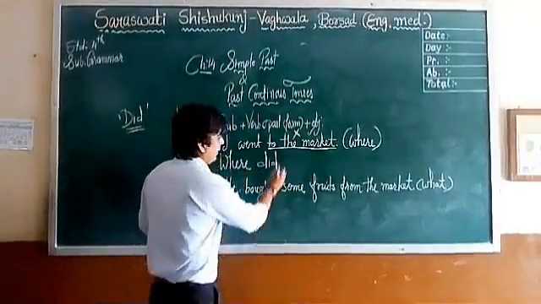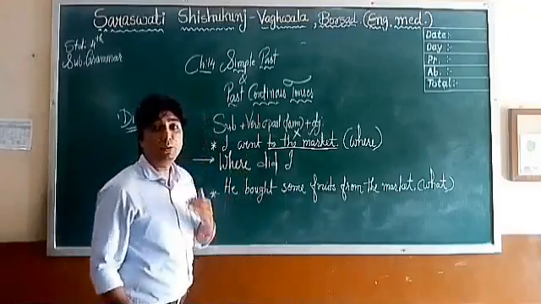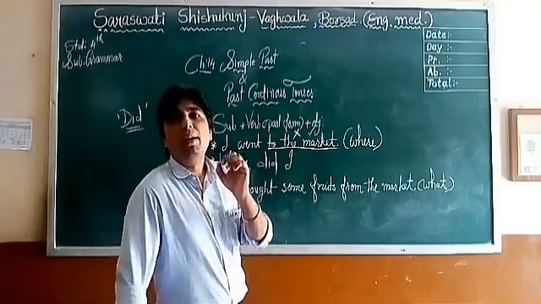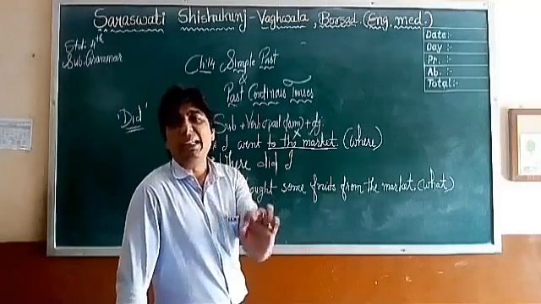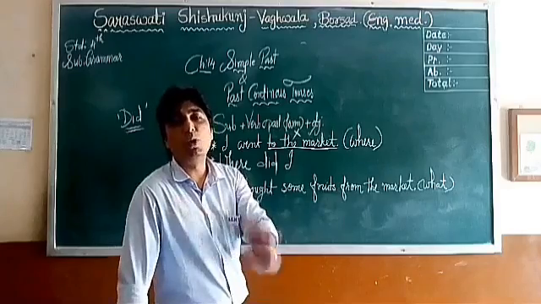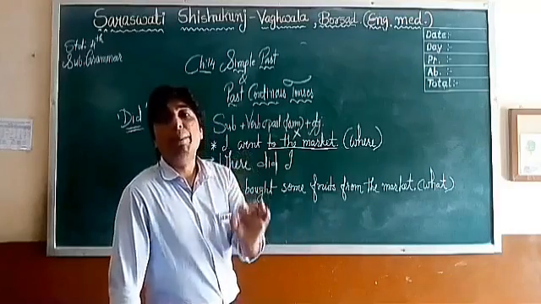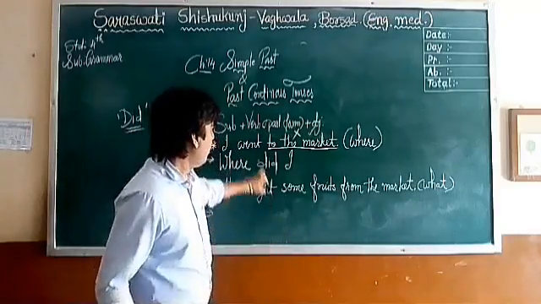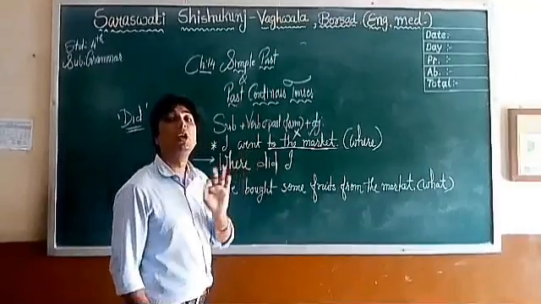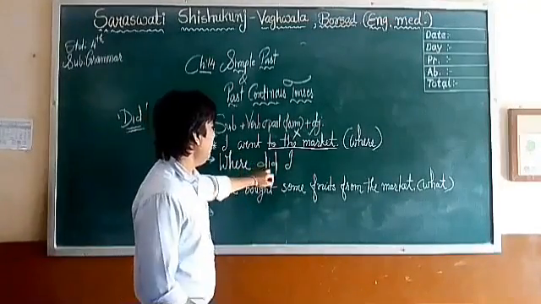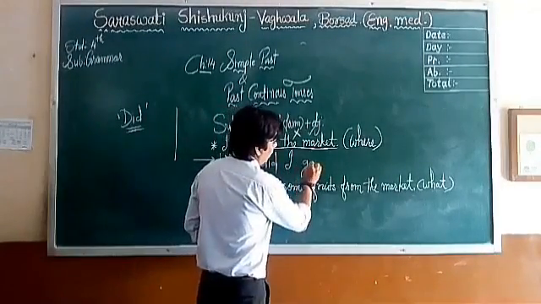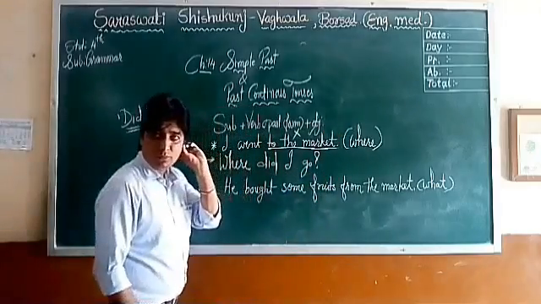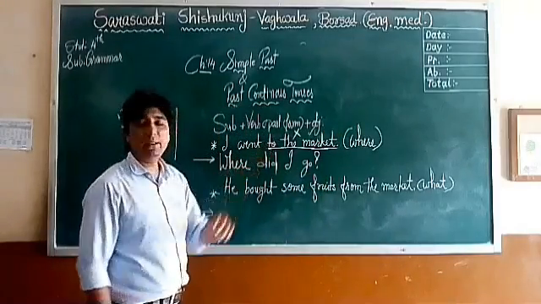Where did I? Now as I told you, in a question the main form of the verb will be there. Do not use the past form. Main form is present form. What is the present form of went? Go, right? Where did I go?